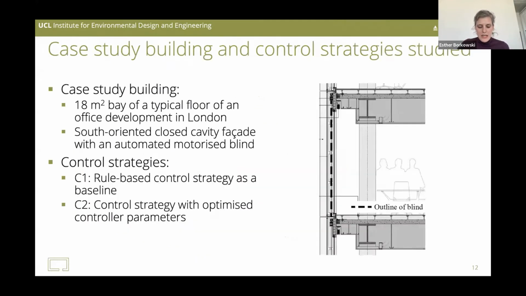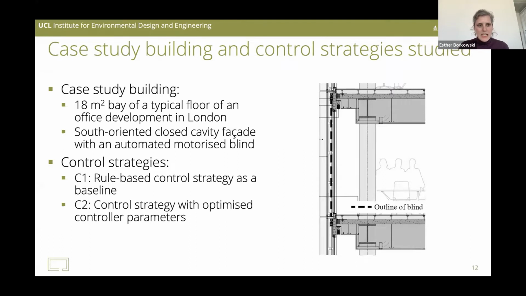In the case study that I present to you today, I used the modeling approach to optimize controller parameters for an adaptive building envelope. That could be, for example, important for design practice to overcome the trial and error difficulties that are typically associated with standalone simulations.